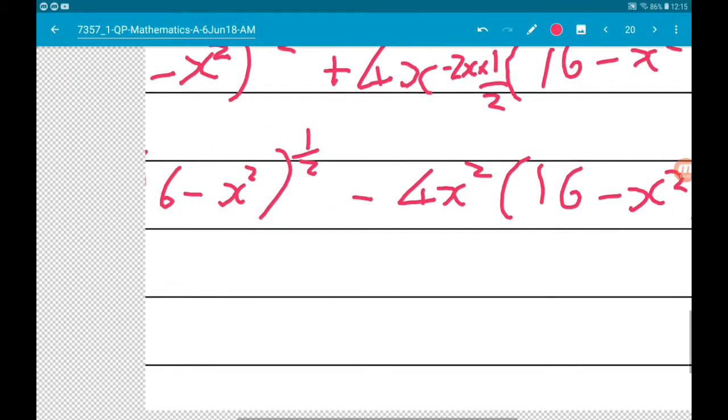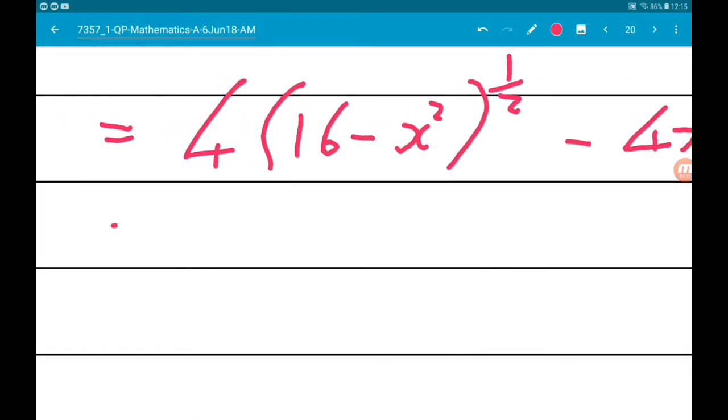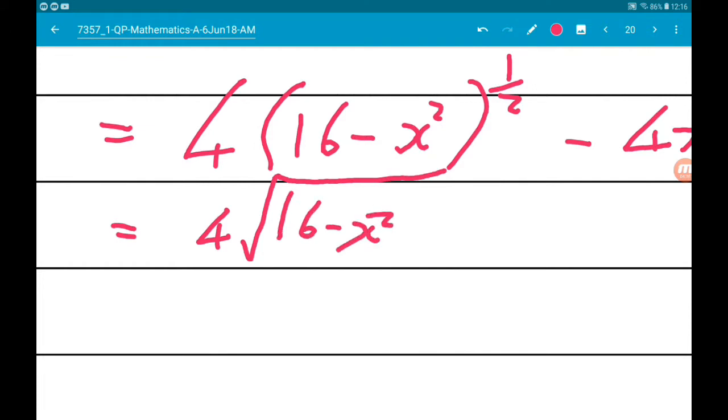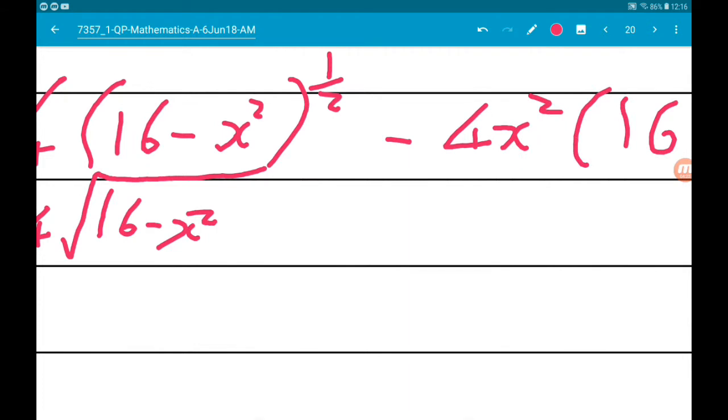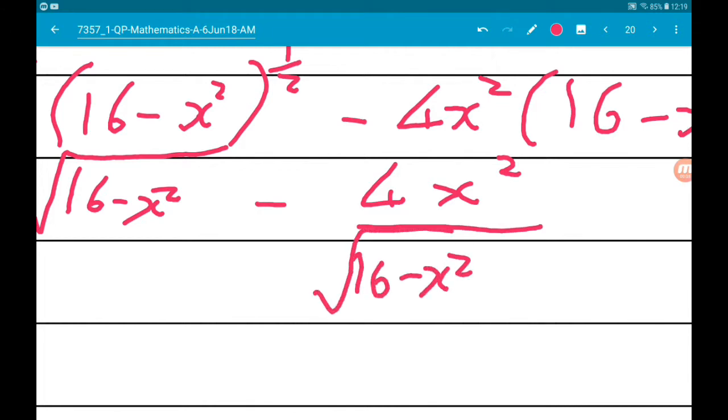Now let's write that back in terms of square roots. So this is 4 root 16 minus x squared, minus 4x squared over square root 16 minus x squared.